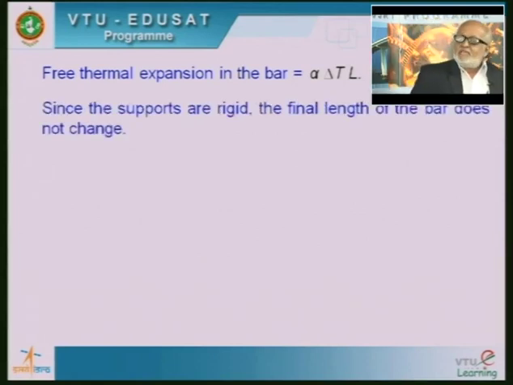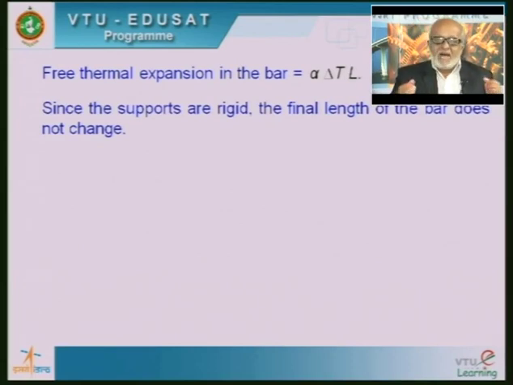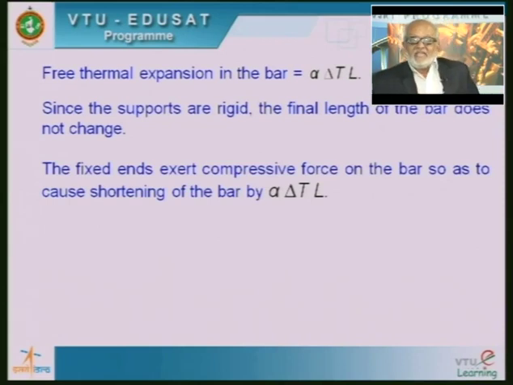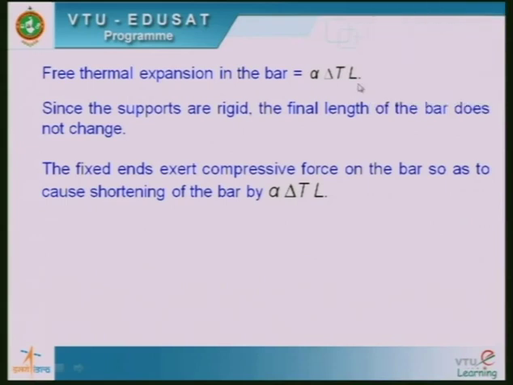Now, since the supports are rigid, the final length of the bar does not change. The bar would like to expand, but the supports are preventing it, so the final length does not change. That means the fixed ends exert a compressive force on the bar so as to cause shortening of the bar by alpha delta T L. The bar likes to expand by so much, but the supports prevent it, so in turn they are compressing the bar.